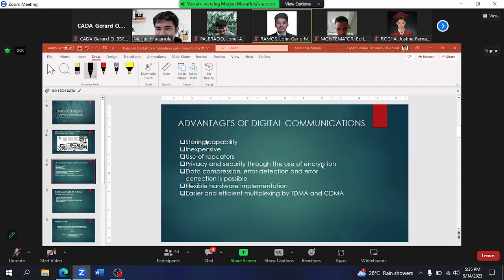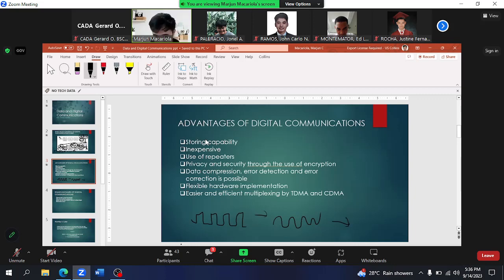Okay, so next is the use of repeaters. Okay, so basically, when a signal is traveling a long distance, so halimbawa, this is your signal. So the tendency is that some of the properties of that digital signal will be lost or decrease or degrade. Okay, so what the repeater does is that it prevents the loss of data or the decrease of the property of the signal.